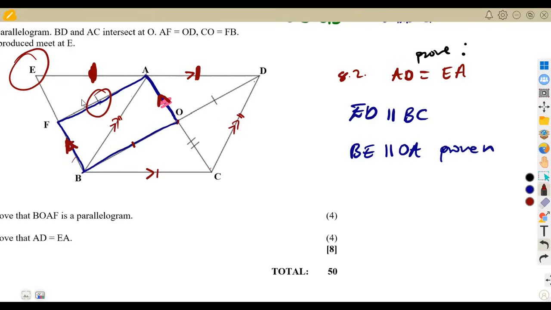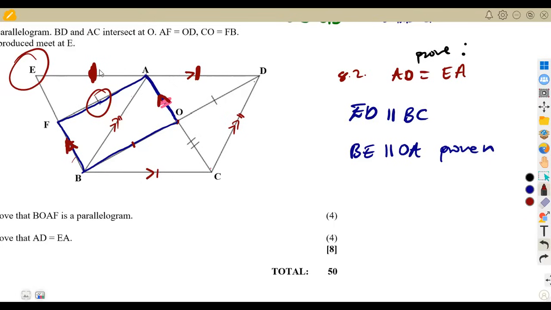Remember this here, E and A. Let us just note EA. If we take from E to A to C to B, there's something that we are seeing there. What is it that we are seeing?